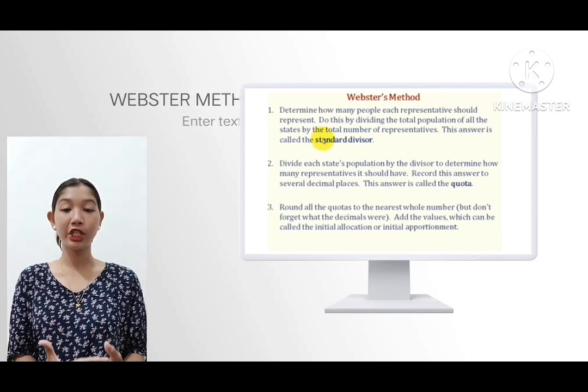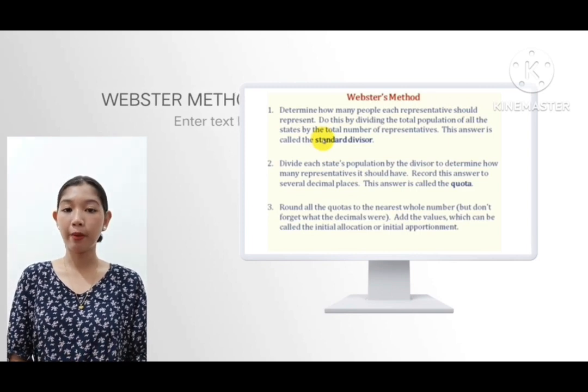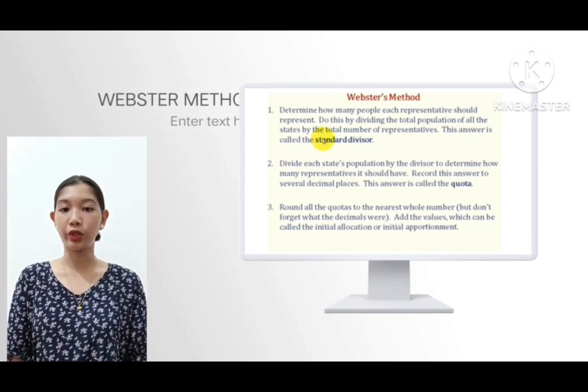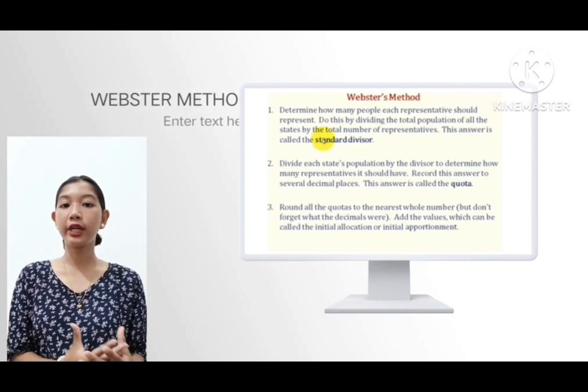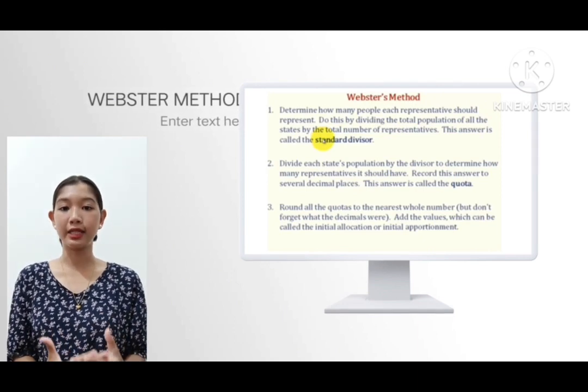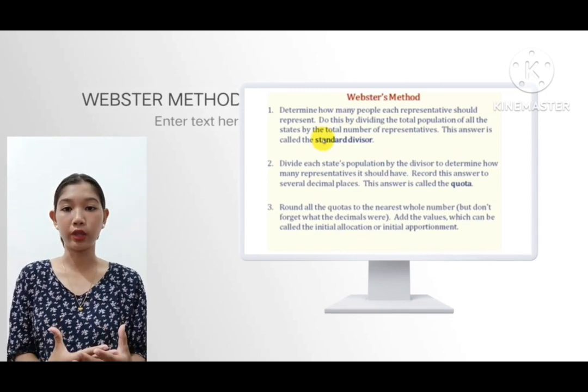Second, divide each state's population by the divisor to determine how many representatives it should have. Record this answer to several decimal places. This answer is called our quota.